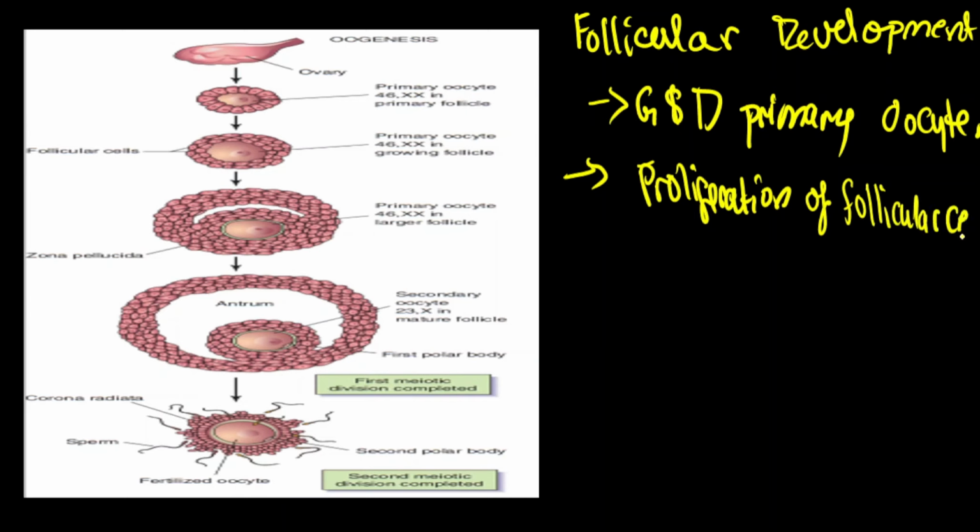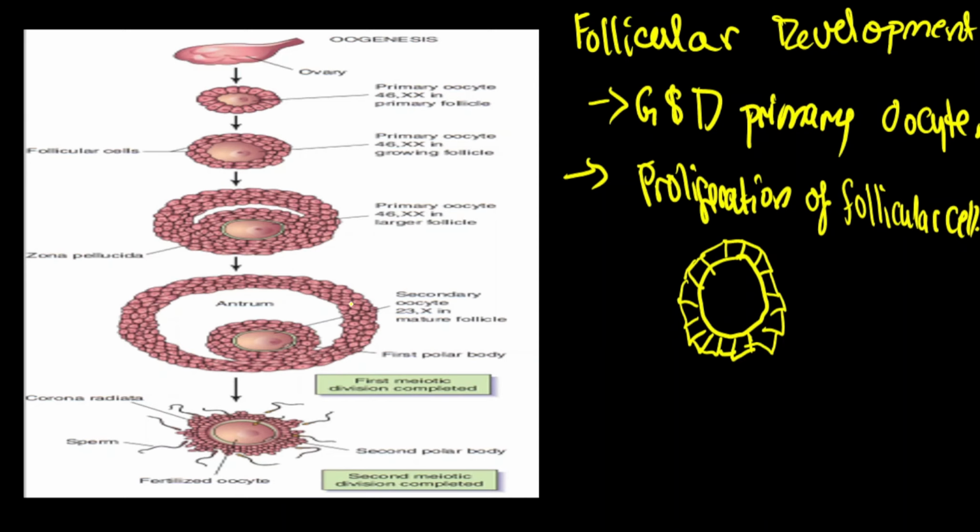And we said the follicular cells are these cuboidal cells around the oocyte. So we have them like this. Then we could have multiple layers, so they would continue to proliferate. So initially we just have a single layer, they proliferate into multiple layers. So we have the proliferation of the follicular cells.